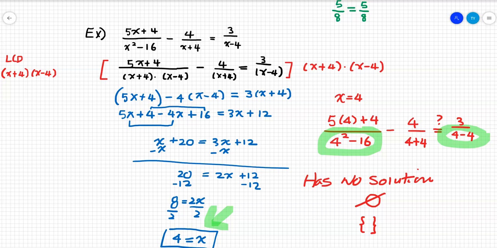Because you're solving for x, you expect some kind of value. But sometimes that value does not mean it's going to be your solution. Meaning you're going to have to go back and take whatever solution you got and put it back into your original equation and make sure that left is equal to right.